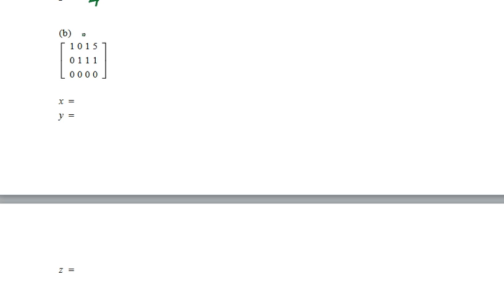This is still said to be in reduced row echelon form because of the pattern of ones and zeros in this area in the first 2 rows and columns. So here we have that x plus 0y plus z equals 5, and y plus z equals 1.